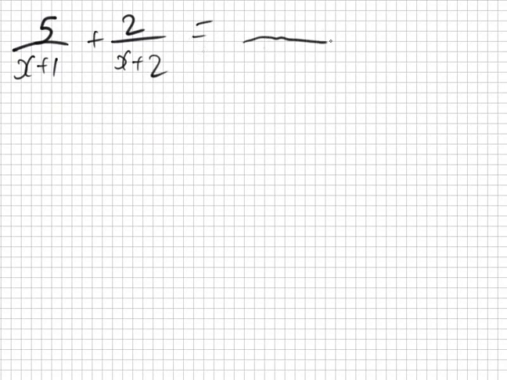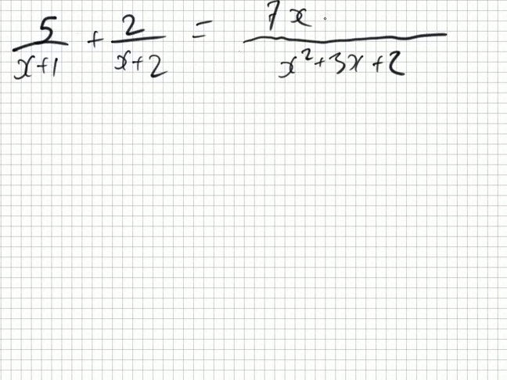Like, for example, if I said 5 over x plus 1 plus 2 over x plus 2. You multiply the bottoms, so that would be x squared plus 3x plus 2, and then you do the cross here. You'd end up with this as the answer.